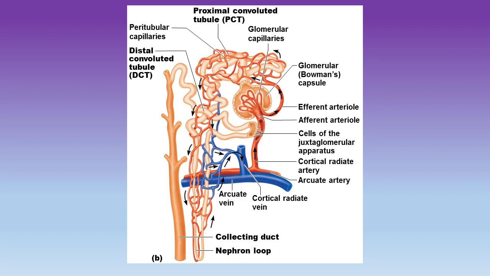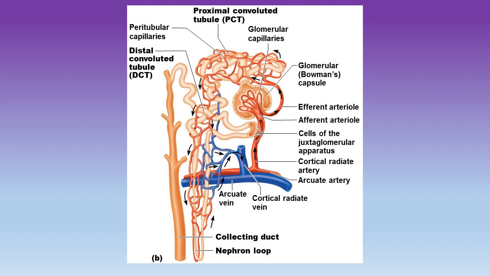So this fluid is flowing through the PCT, the proximal convoluted tubule, which is surrounded by the peritubular capillaries. Now, this is where filtration occurs in the Bowman's capsule, in that glomerulus area. But in the proximal convoluted tubule, you have reabsorption and you have secretion occurring. What is reabsorption?